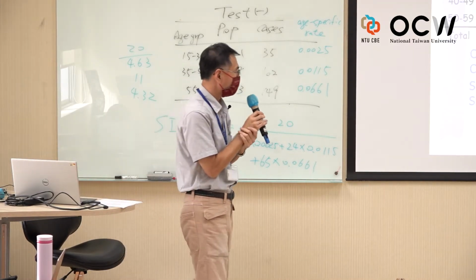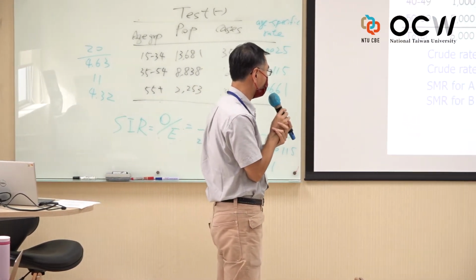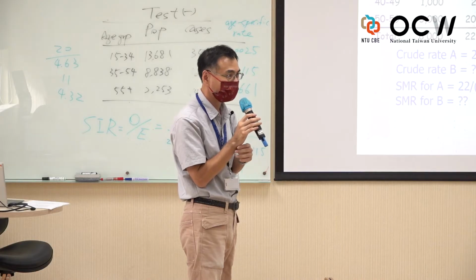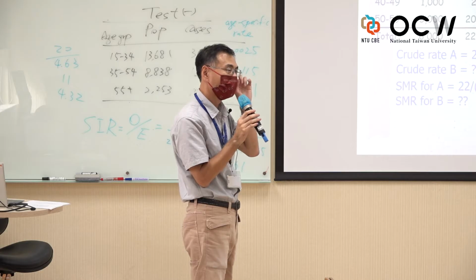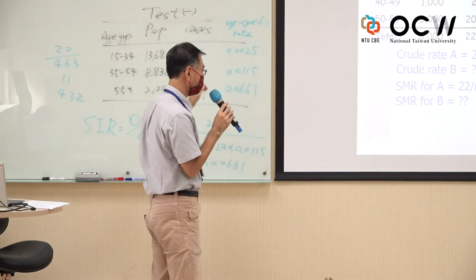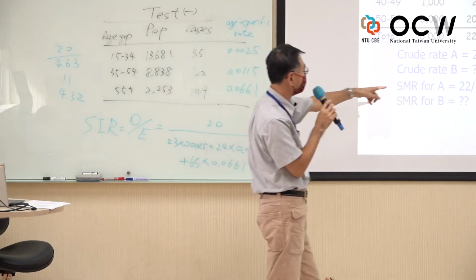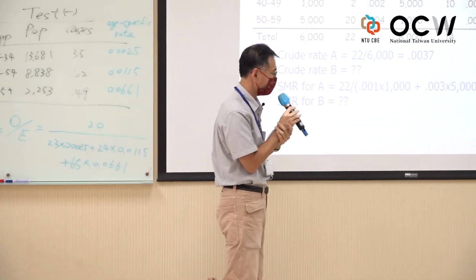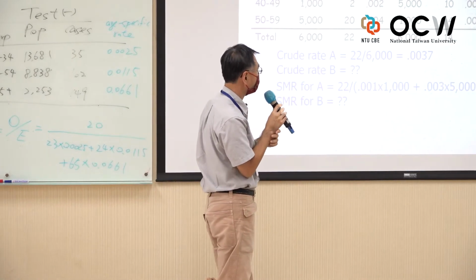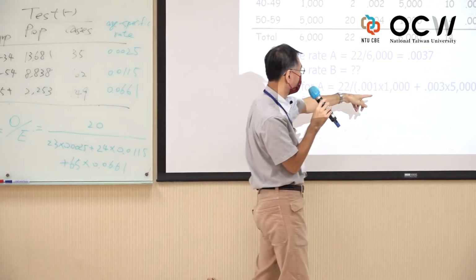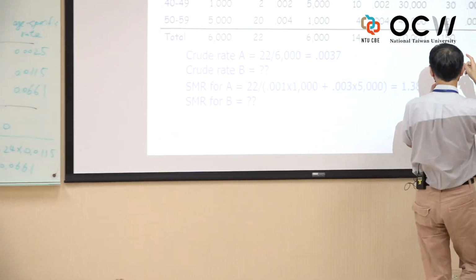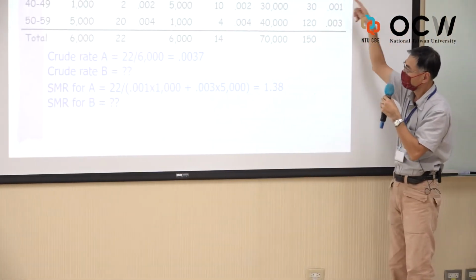What about SMR, standardized mortality ratio, which is indirect standardization, right? So it should be O over E, and the observed number is 22, right? And how are we going to calculate the expected number? We need the information from the reference population or standard population for the rates.